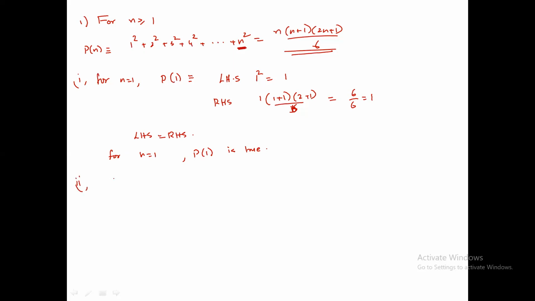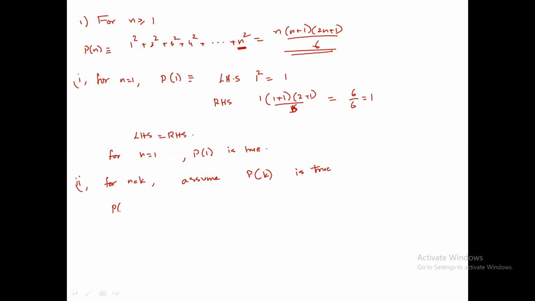The second work you have to do is for n equal to k, assume in the statement when you substitute k, it is true. Close your eyes, blindly say it is true. Don't prove anything.